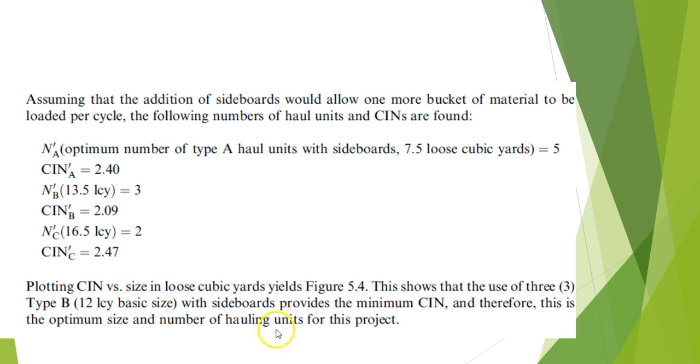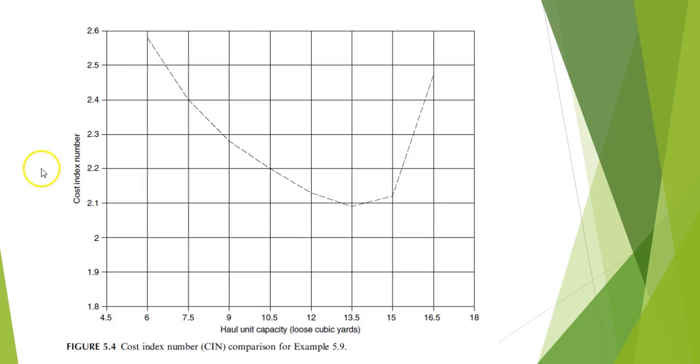So if you add more material in each load, you're able to get, again, some slightly different cost index information. So the real bottom line is that you can take the cost index and the number of pieces of equipment, and you can plot the cost index number versus the haul unit capacity. And all it really says is that if you start out with a haul unit of 6 yards, the low haul capacity gives you a high cost index number.